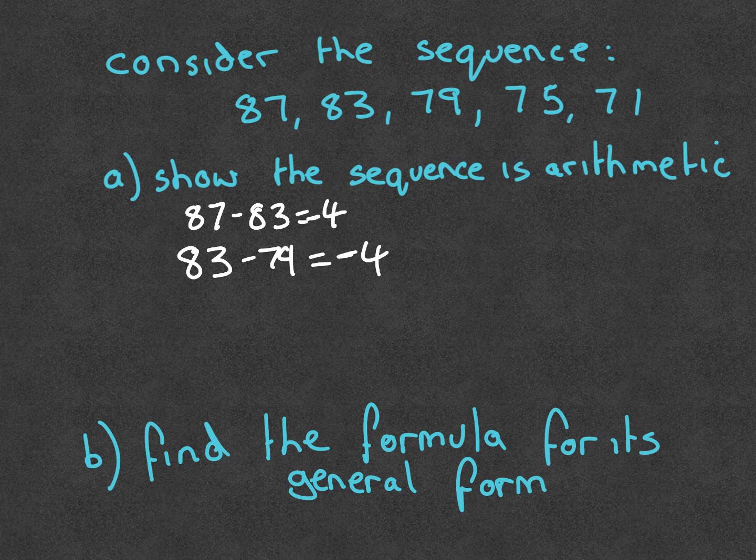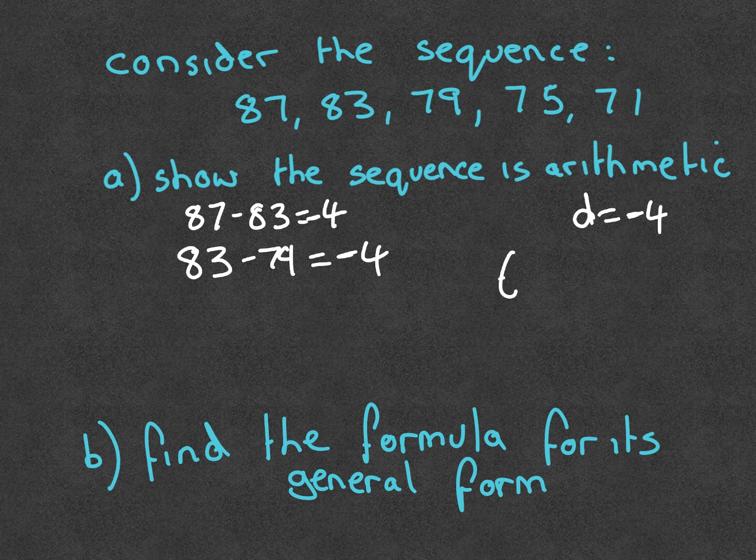So we're actually taking away numbers this time, and it's important that when we put these numbers into our arithmetic sequence, our D is going to be equal to -4 because the number is decreasing each time. Because there is a consistent pattern between each number, we've shown that this is an arithmetic sequence.